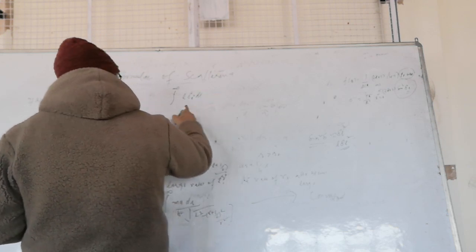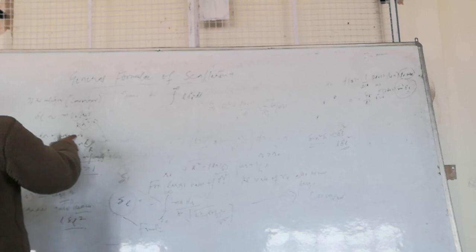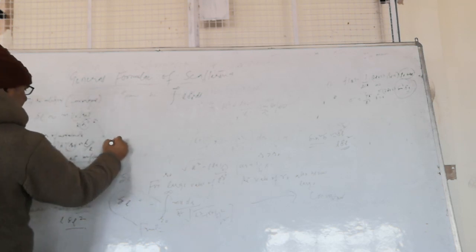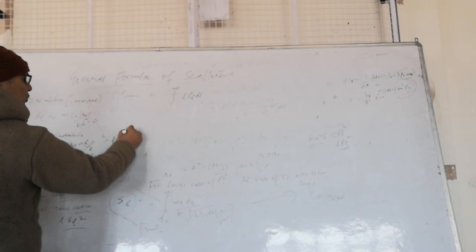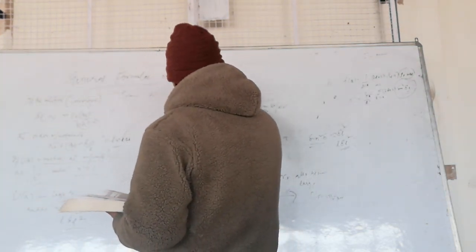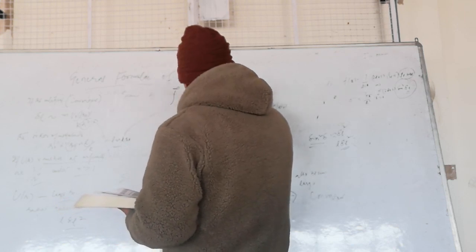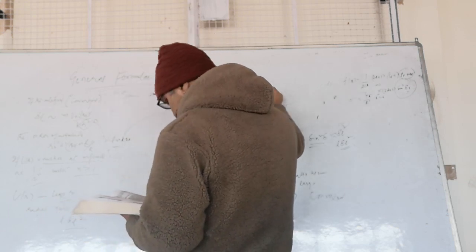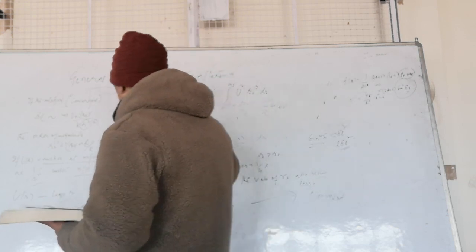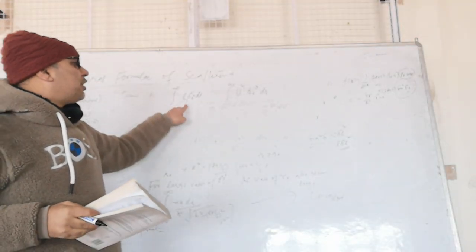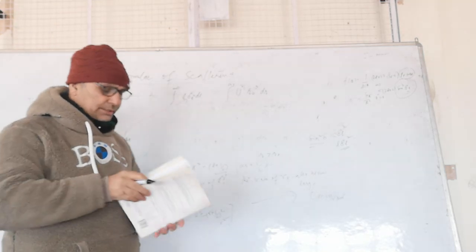Replacing this delta L by k r naught, delta L is proportional to k r naught. So we substitute here and the integral will take this form, u square upon r naught to dr naught. Since the integral is there, it will be r naught by 3.